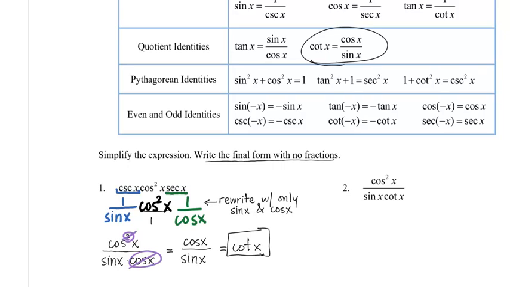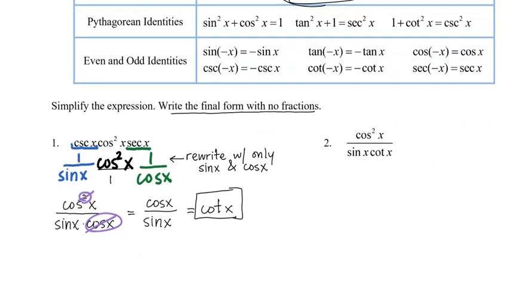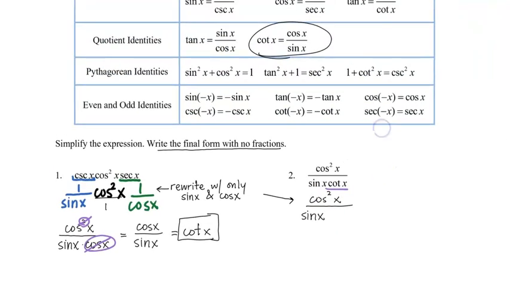We'll do the same thing in number 2. I'm going to rewrite this in terms of only sine and cosine. So in the numerator, I'll keep the cosine squared the same. In the denominator, I'll keep the sine x the same. But then the cotangent x that shows up in the denominator, we're going to replace with cosine x over sine x. So keep in mind, we do have fractions within fractions in this example.